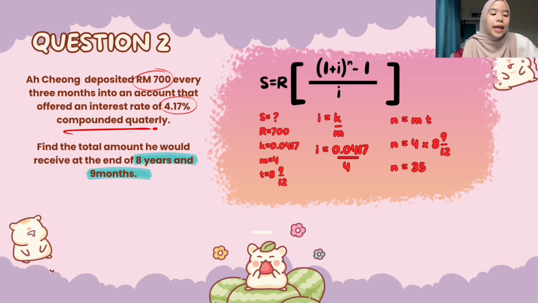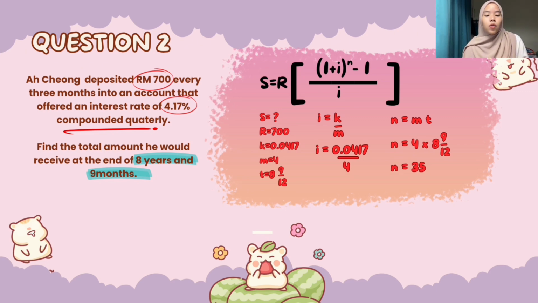M is 4 because the interest rate is compounded quarterly. T is 9 years and 9 months, but we need to divide by 12 because of the 9 months. So to find I, we need to use the formula I equal K per M.